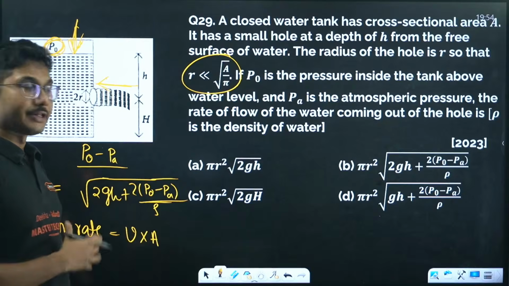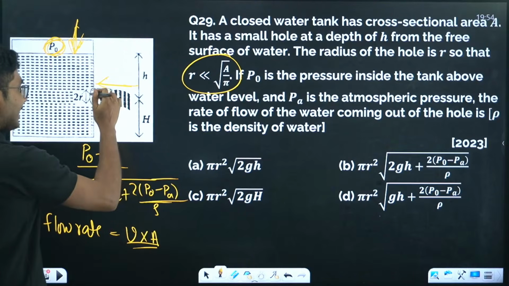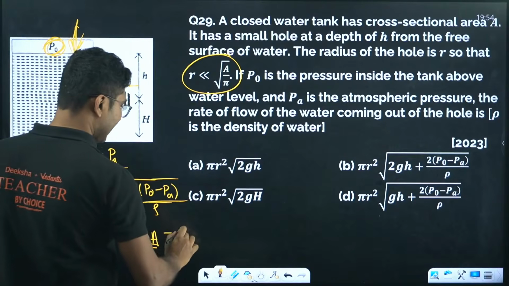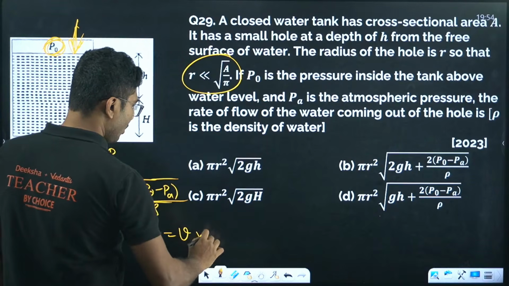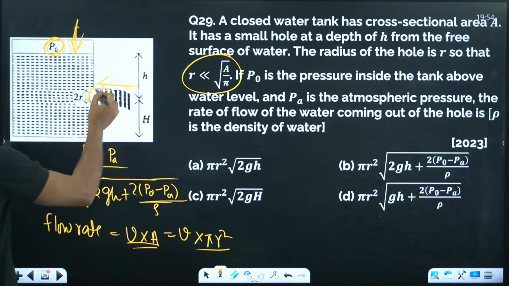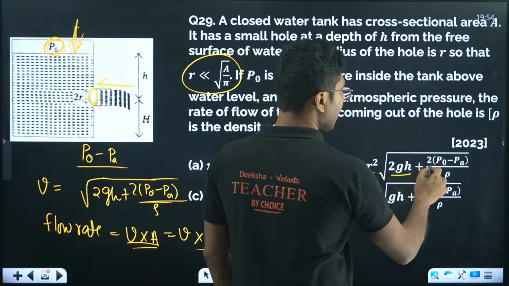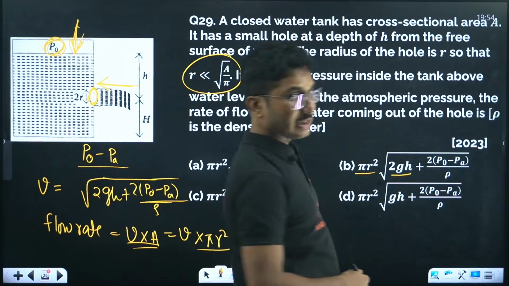Continuity, equation of continuity, this is constant. Velocity into area. So what is area? Area here is V into pi r square. Okay, this is how you calculate the flow rate. Flow rate is pi r square times the square root of 2gh plus 2 into P naught minus Pa by rho.